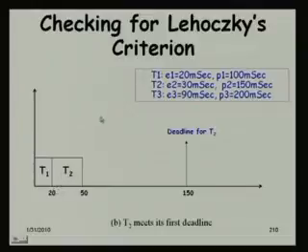T2 is the second highest priority. It will start to run as soon as T1 completes. Here, T1 has completed at 20 and T2 will start running for 30 milliseconds. So, the first instance of T2 will also complete before the deadline. So, even for this the Liu-Lehoczky criterion is satisfied.